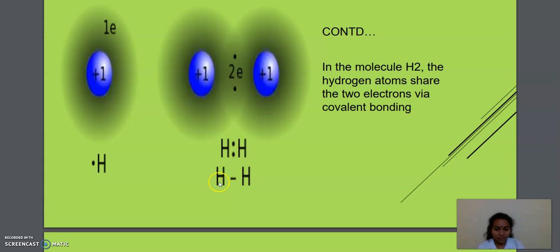Then it forms hydrogen molecule. So if it is shared, these 2 electrons belong to this hydrogen also, and these 2 electrons belong to this hydrogen also, and this sharing pair of electrons we can denote by one single notation. So this is denoting 2 electrons, that is one pair of electrons.